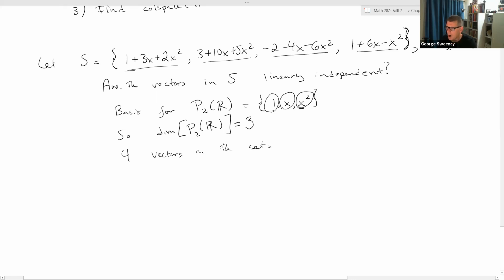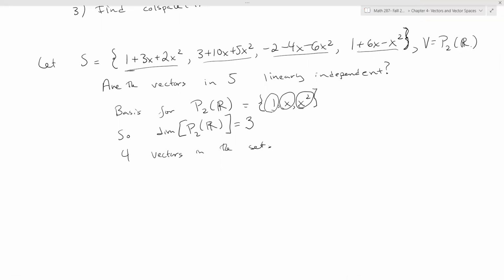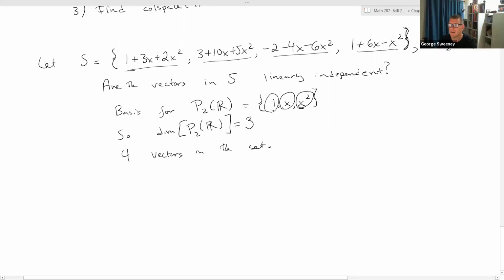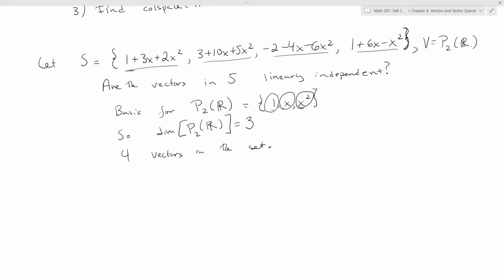So are the vectors in S linearly independent? No. Why not? Because you have 3 and 4. It has to do with the fact that the dimension is 3 and the number of vectors is 4.